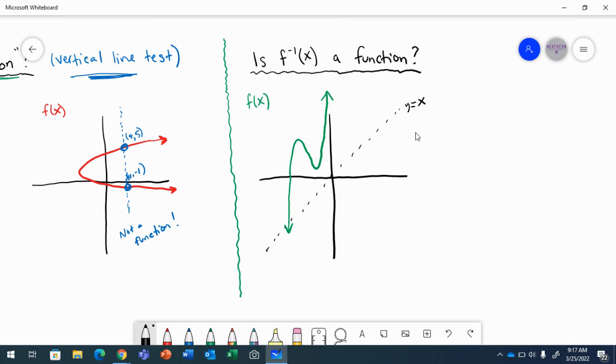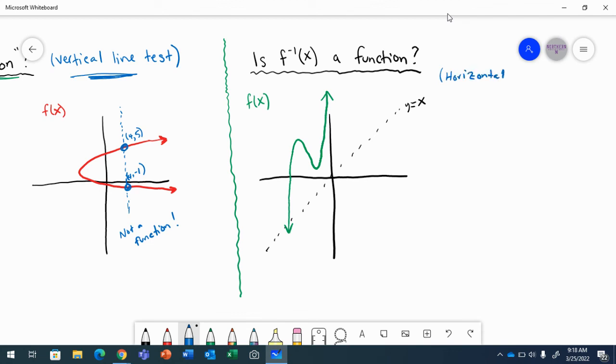So if I want to be able to tell if it's a function or not without even graphing that f inverse function or relation, instead of doing a vertical line test, since I know this is going to flip and become more horizontal, I'm actually going to use what we call the horizontal line test.